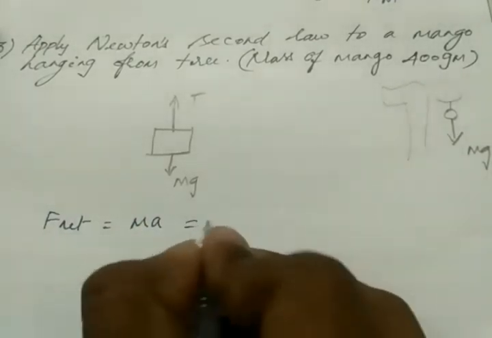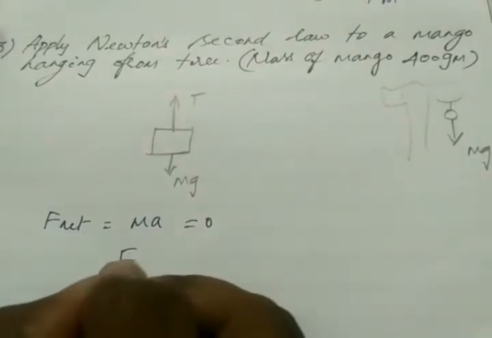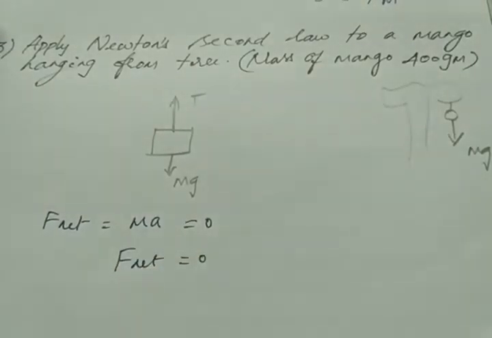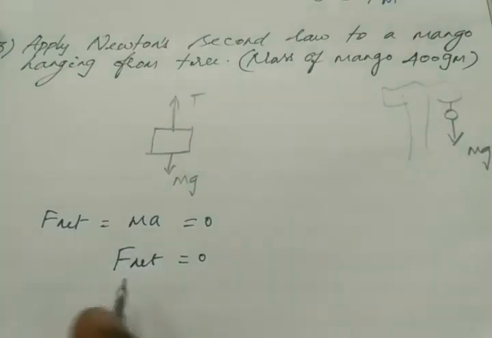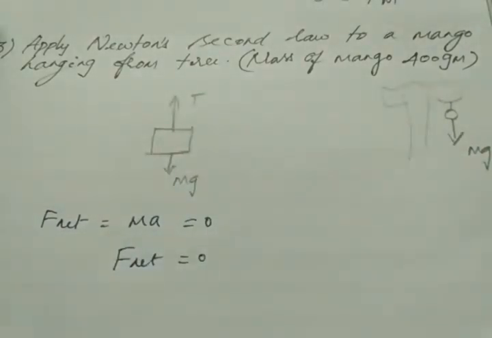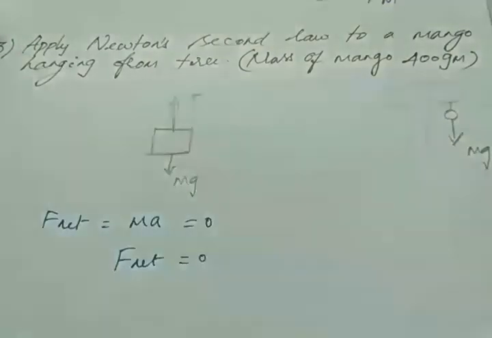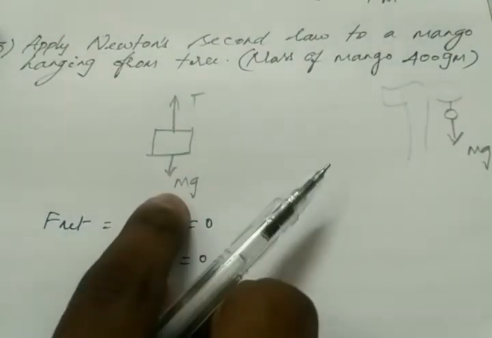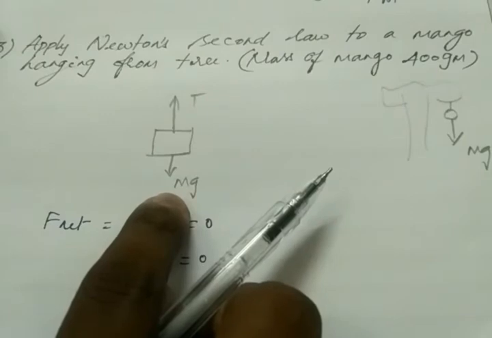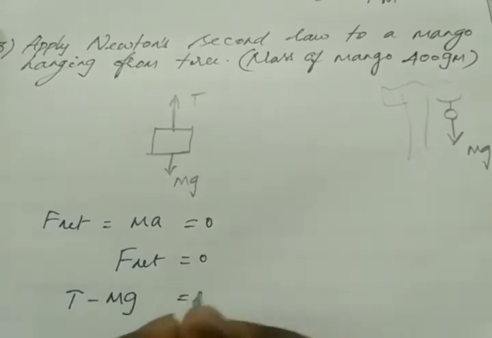F net will be 0. What is our F net? The total force acting on the mango. Tension force acts in the positive y-axis, weight force acts in the negative y-axis, right? So I can write T minus mg equal to 0.